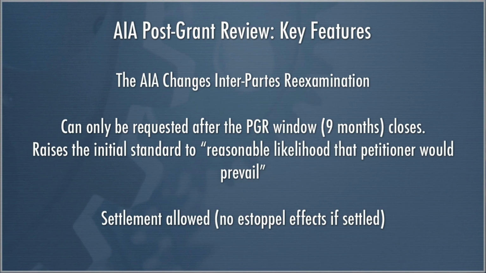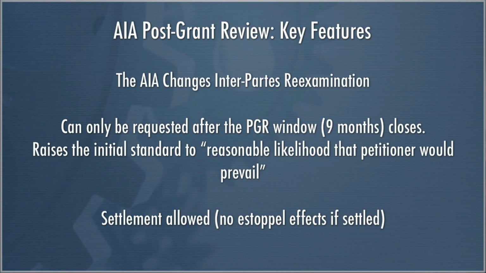It can only be requested after the post-grant review window of 9 months closes, right? And it's harder to get a petition for inter partes re-examination established than it is to establish post-grant review. So again, the idea here is we're trying to push people into doing these in a relatively short period of time after the patent has been granted.